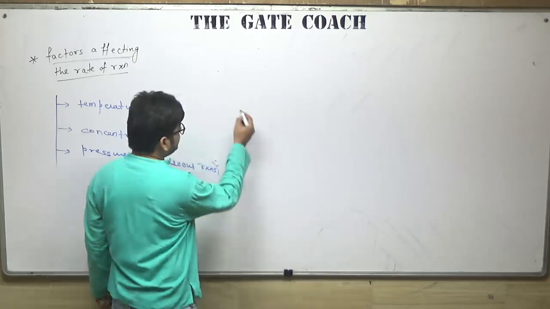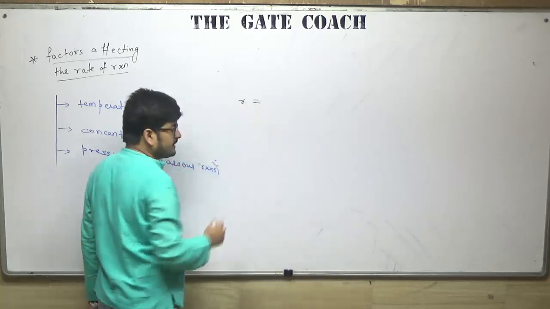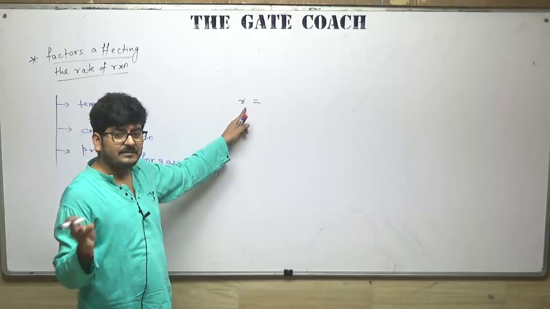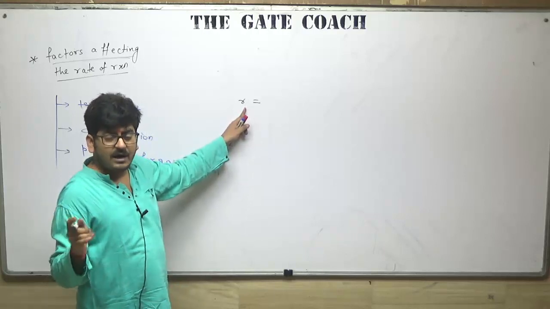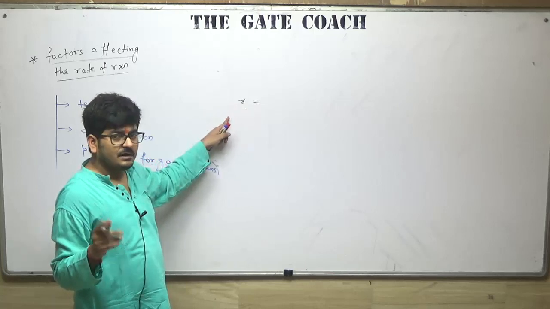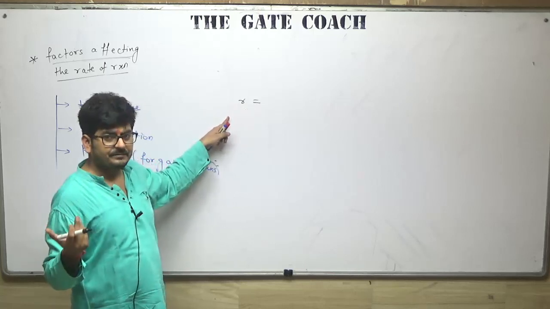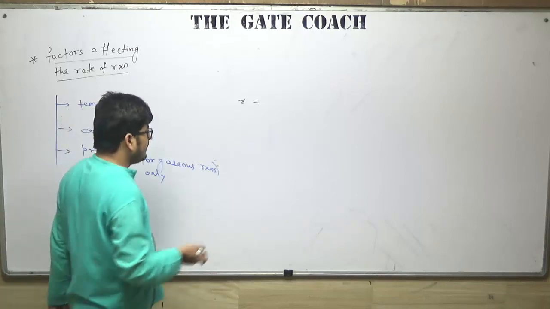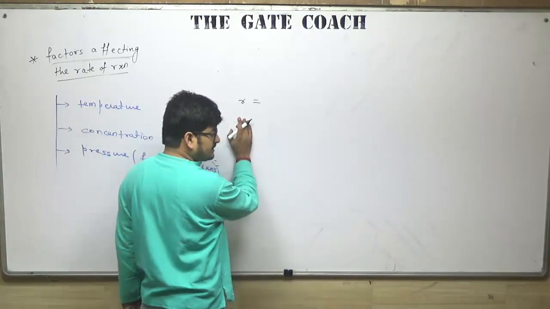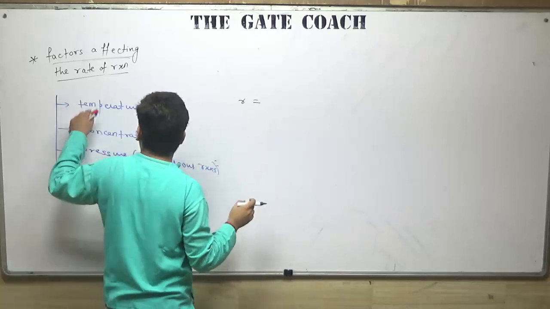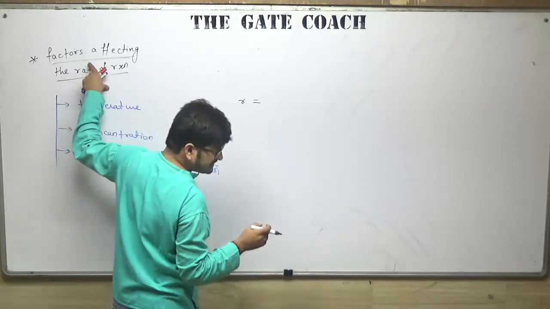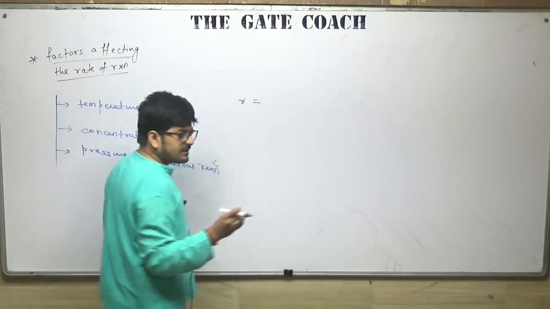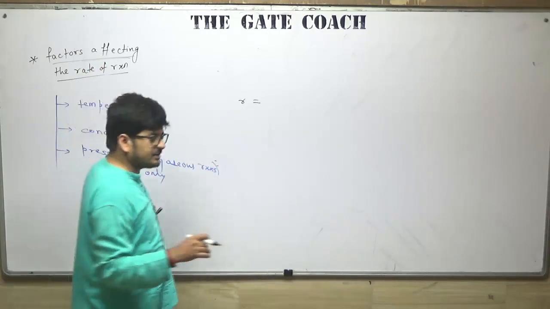So mathematically, if you want to relate that, remember I am not using Ri. Ri means minus Ra, minus Rb, Rc, Rd. I am talking about R. R means Ri upon nu i, that is minus Ra over a, as we discussed in last class. So for homogeneous reaction system, temperature and concentration are the main factors which affect the rate of reaction.